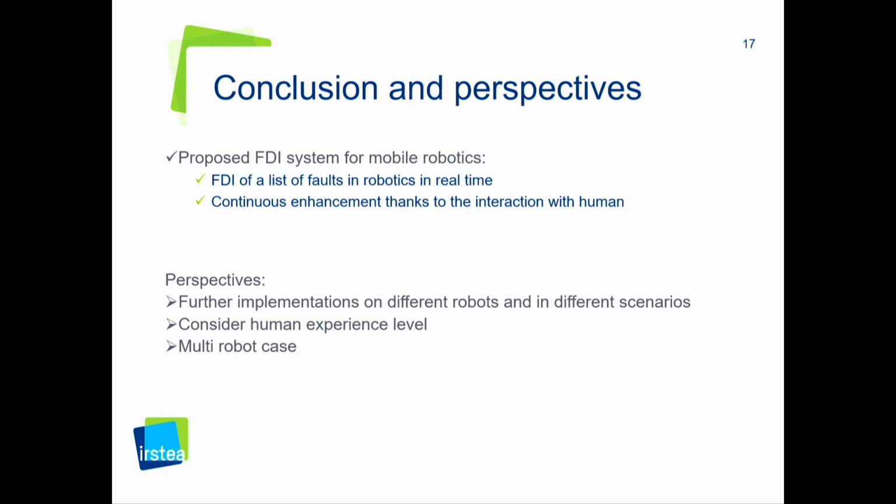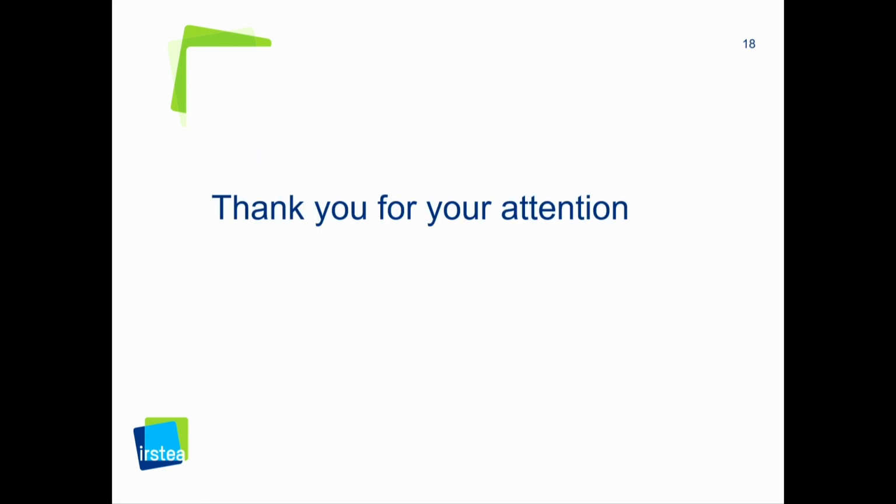It would be interesting to consider human experience level. We don't treat someone who knows the robot just like someone who doesn't. The information sent is not the same, and the value of their decision is not the same. And it would be interesting to apply this in the multi-robot case. So thank you for your attention.